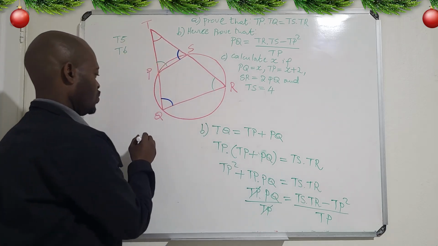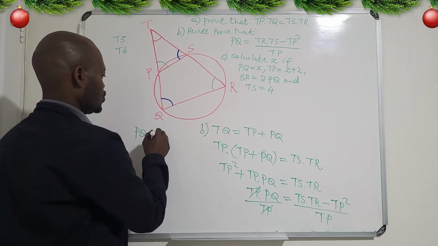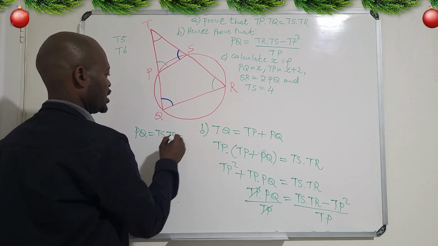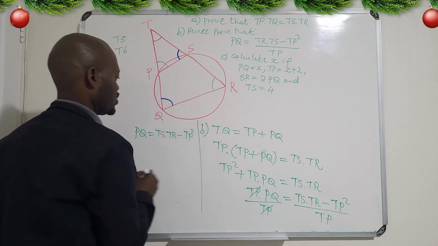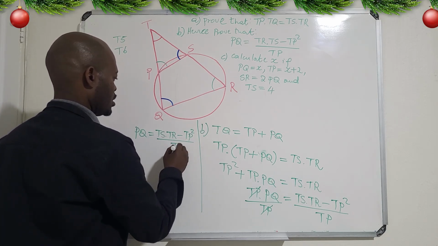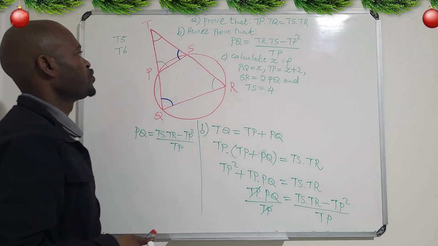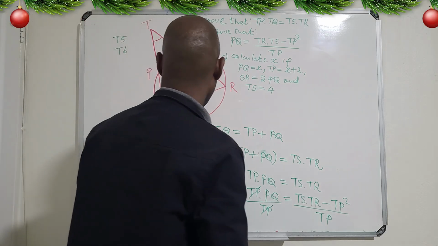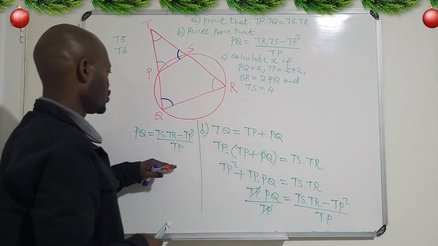I'm going to be left with PQ equal to TS times TR minus TP squared, all over TP, which is what we have proved there. Now, B, done. This is how we go about proving B.